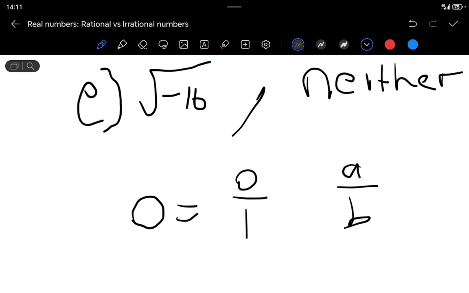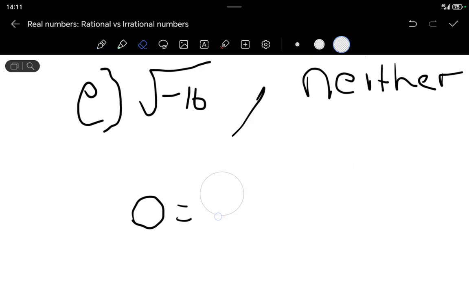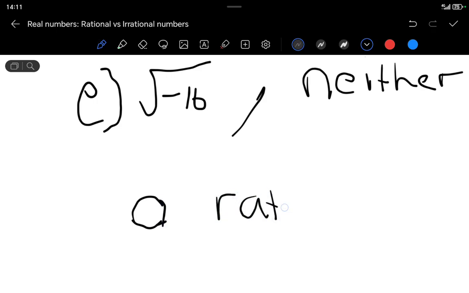It is a whole number and it is an integer. That is why 0 is rational.